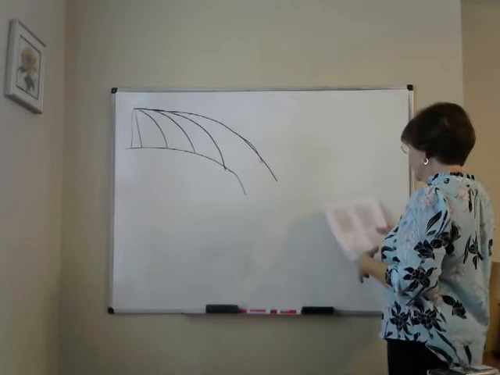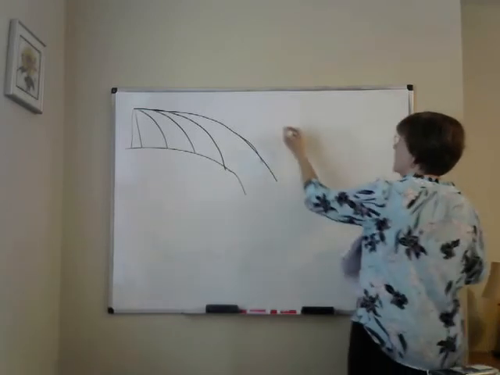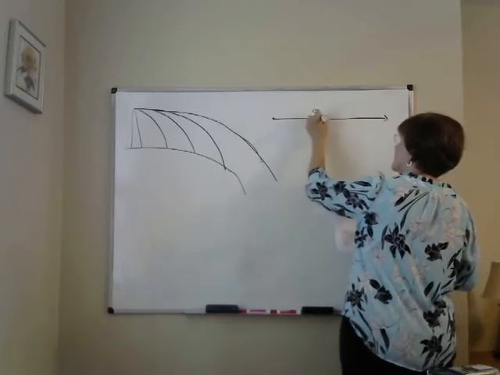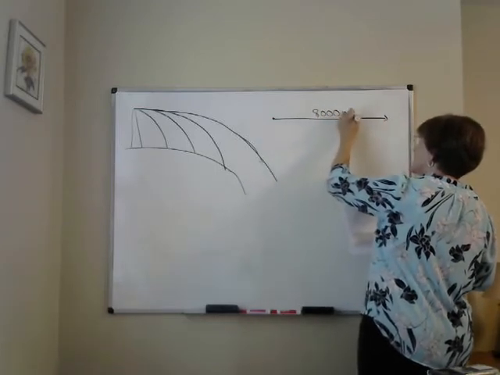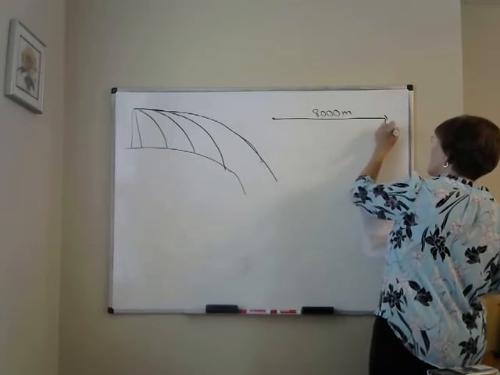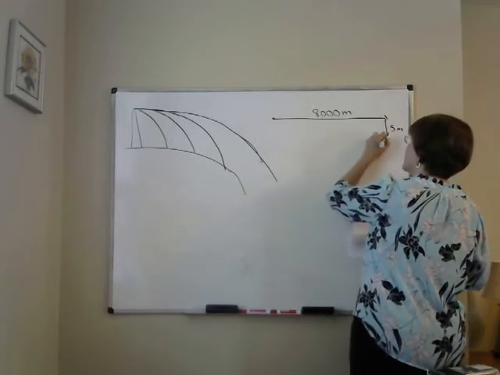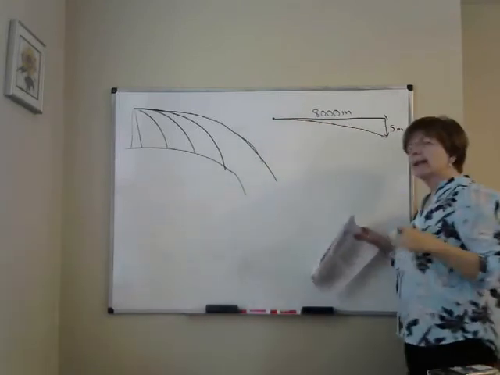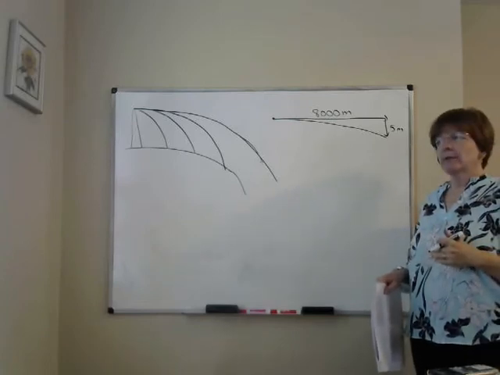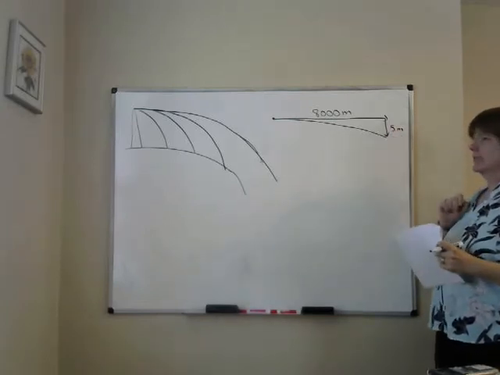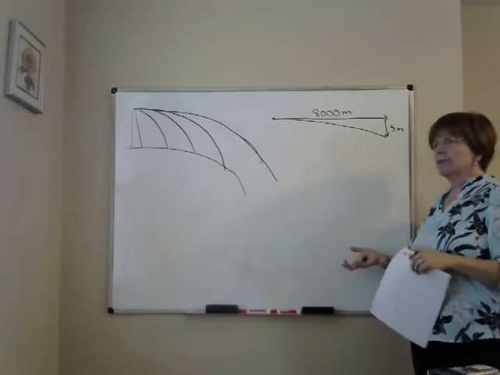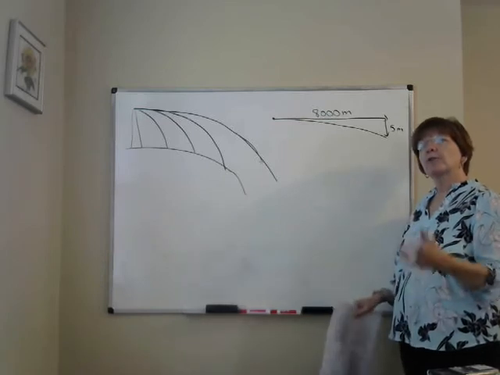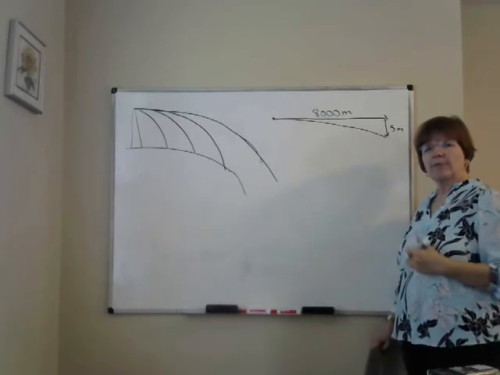If we're very, very close to Earth, what we know is if you go straight out 8,000 meters, the Earth drops 5 meters. That's the curvature of the Earth. For every 8,000 meters you go straight out, the Earth is going to drop 5 meters. So, if you're somewhere close to the Earth where the acceleration due to gravity is 10 meters per second squared, we know you fall 5 meters in that first second.